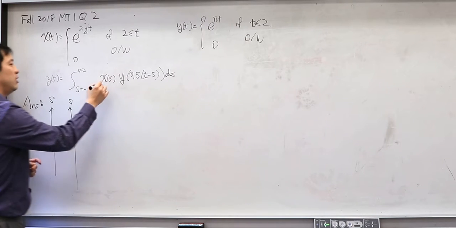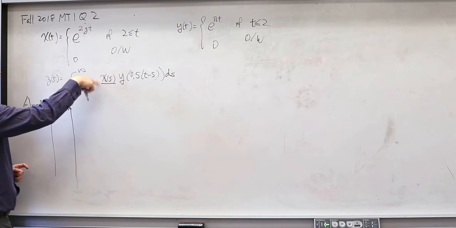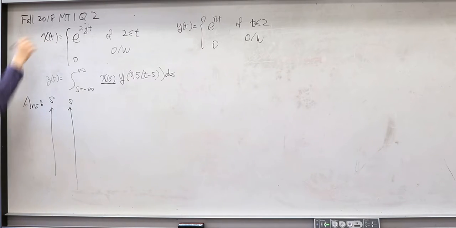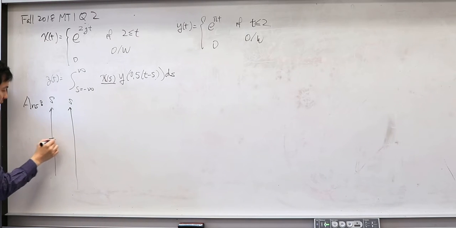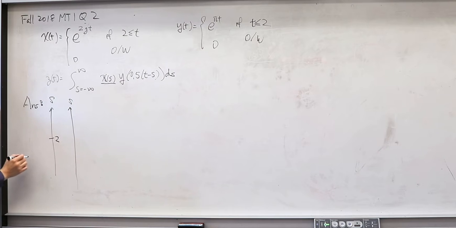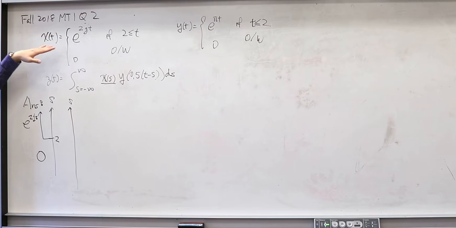The first vertical axis represents x of s, which is e^{2js} once s is larger than 2, and this other part will be 0 completely. All I did was copy x of t into this vertical axis.